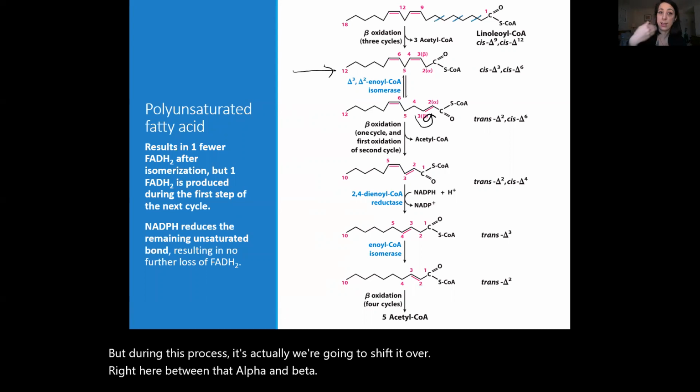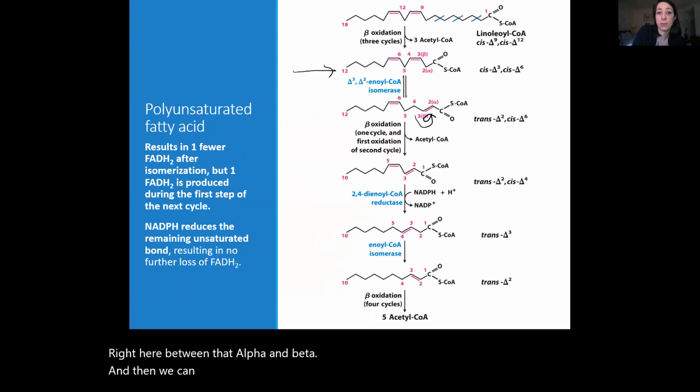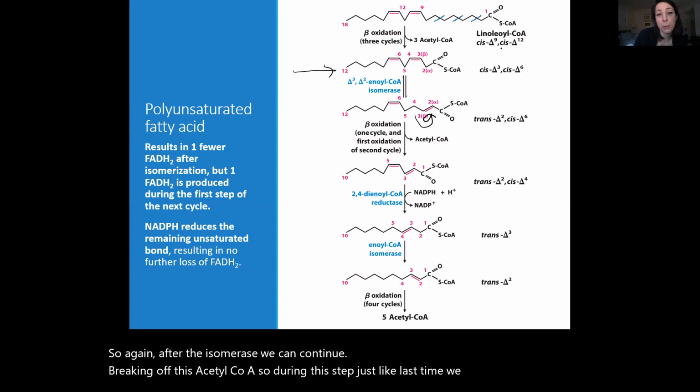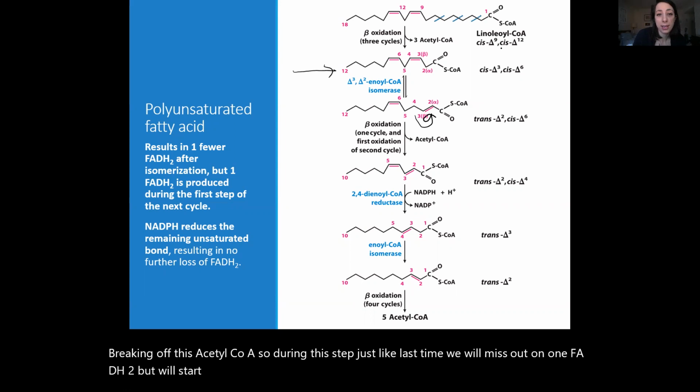And then we can re-enter it into the cycle just like last time, cleave off another acetyl CoA. So again, after the isomerase, we can continue breaking off this acetyl CoA. During this step, just like last time, we will miss out on one FADH2, but we'll continue on to the next step.